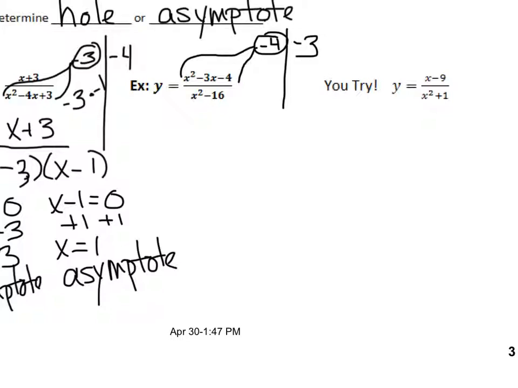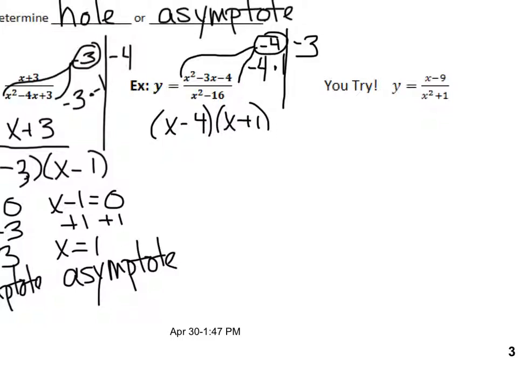Well, to multiply to a negative, one has to be positive, one has to be negative. I'm either looking at 4 times 1 or 2 times 2, and the only way of those to get a 3 is the 4 times 1. So I have to figure out, is the 4 negative or is the 1 negative? And since the 3 is negative, the bigger one has to be negative. So -4 times 1. So my numerator is going to become x minus 4 and x plus 1.